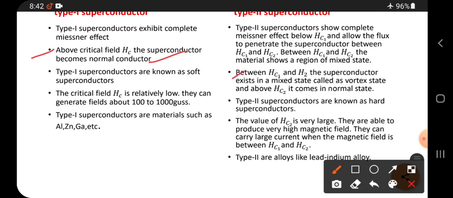Between Hc1 and Hc2, the superconductor exists in a mixed state called the vortex state, and above Hc2 it comes into the normal state.